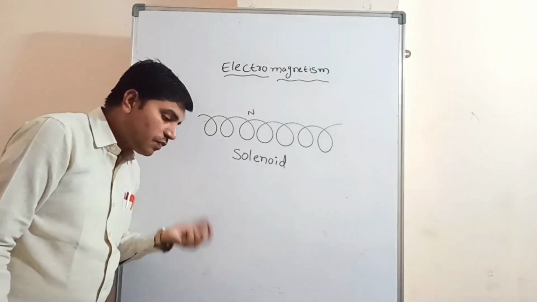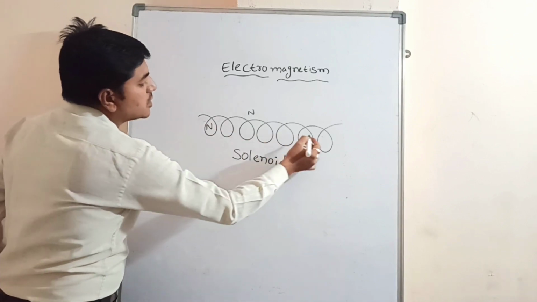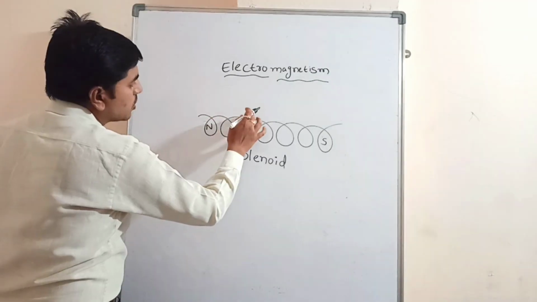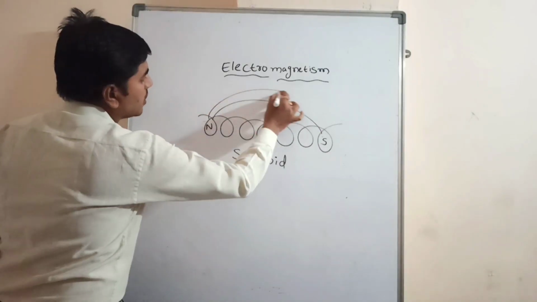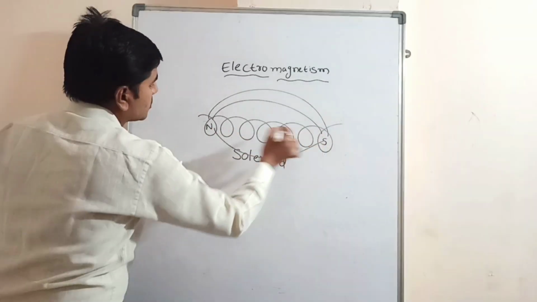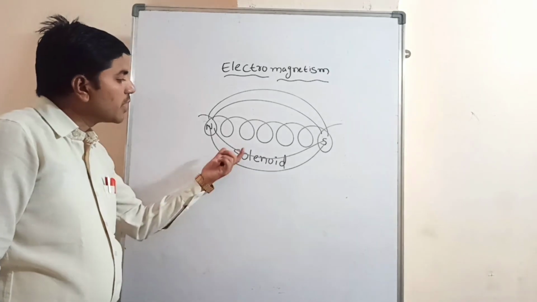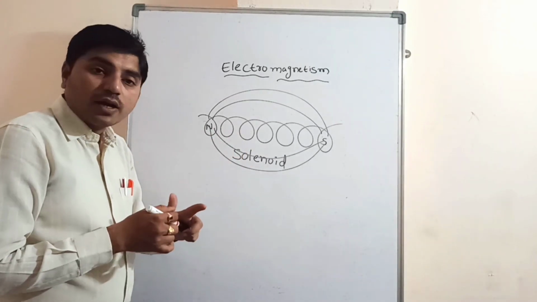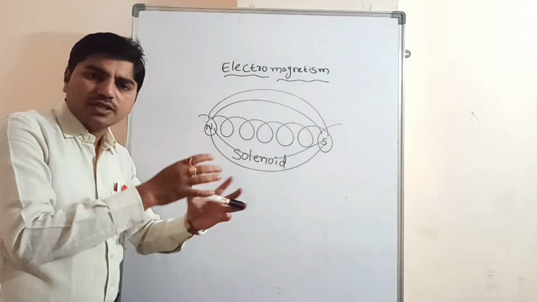Then what is meant by flux? Here it also looks like the north and south pole of a magnet, and it also contains magnetic flux and magnetic field lines from north to south pole. In competitive exams they may ask about the magnetic field directions.